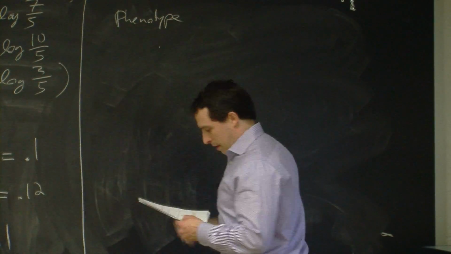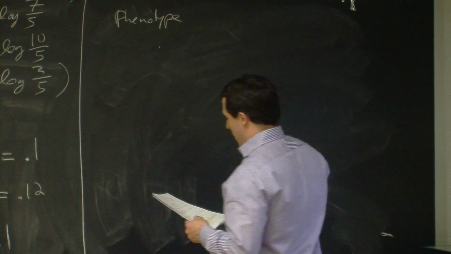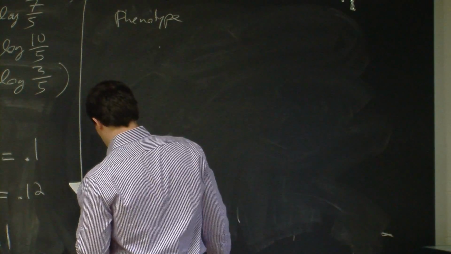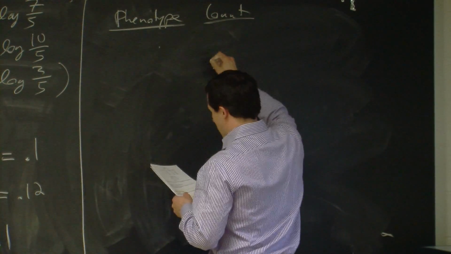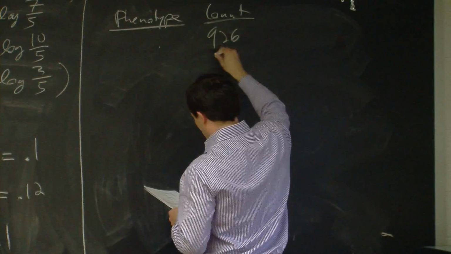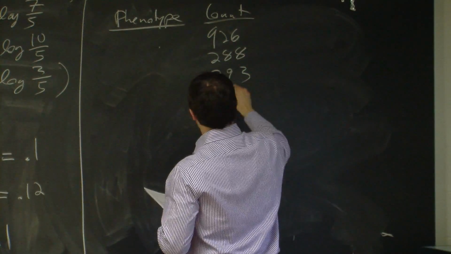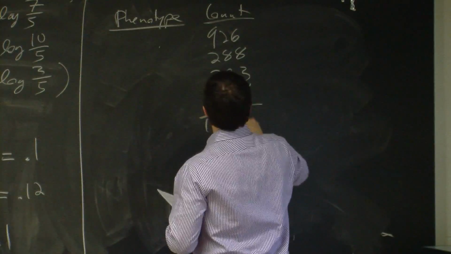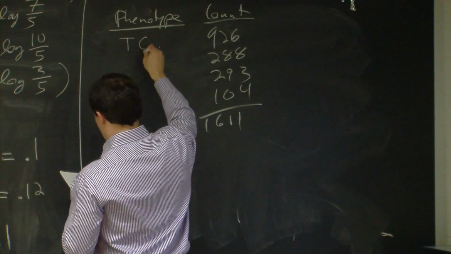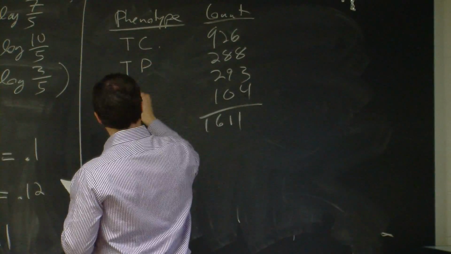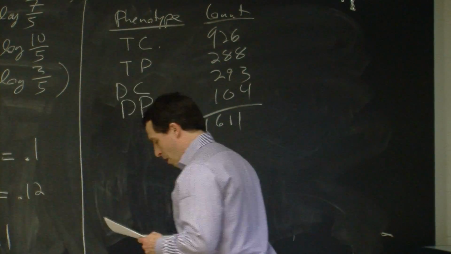We have cut leaf tomatoes and dwarf potato leaf tomatoes, and we have 1611 of them: 926, 288, 293, 104. And this is, let's say, T, C, T, P, D, C, D, P.